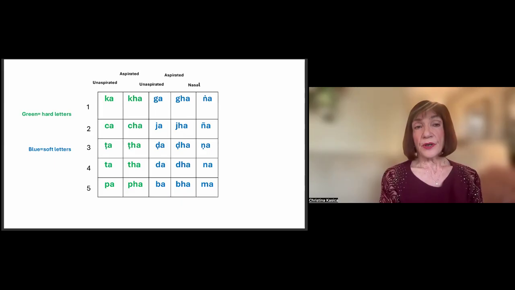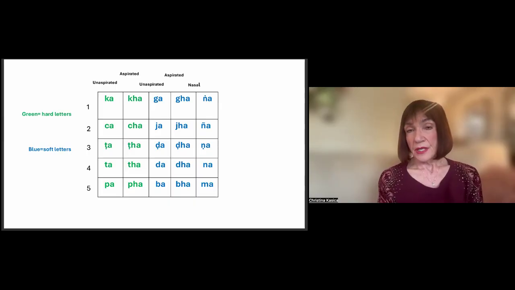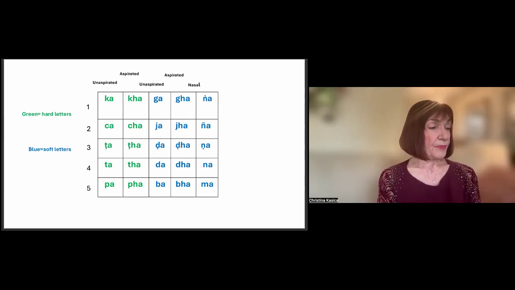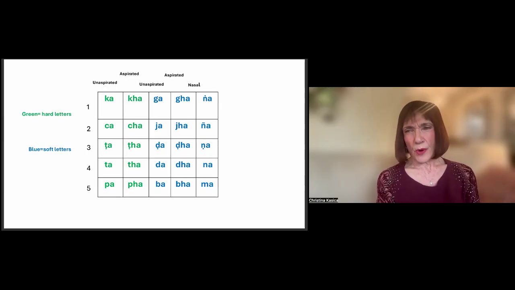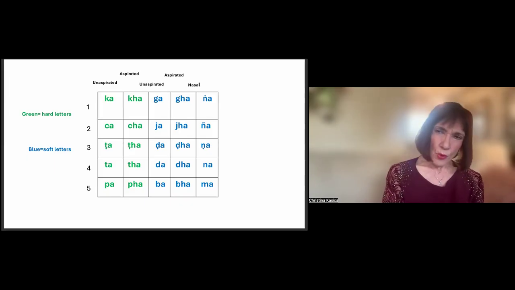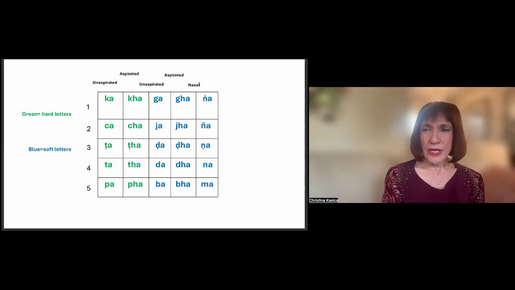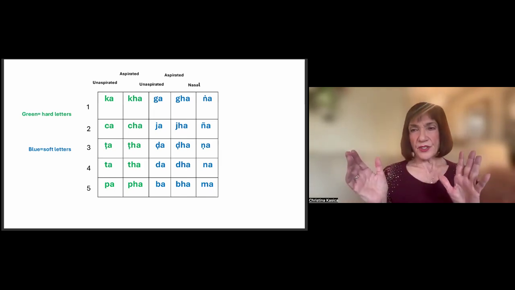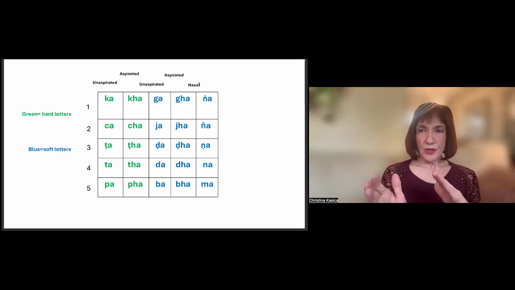Then we learned the hard and soft letters. The first 2 columns are hard, and the last 3 columns are soft. Now, this is not so important right now. It will be more important when we learn the sandhi rules, because that will affect what letters you change into based on what letters surround them.